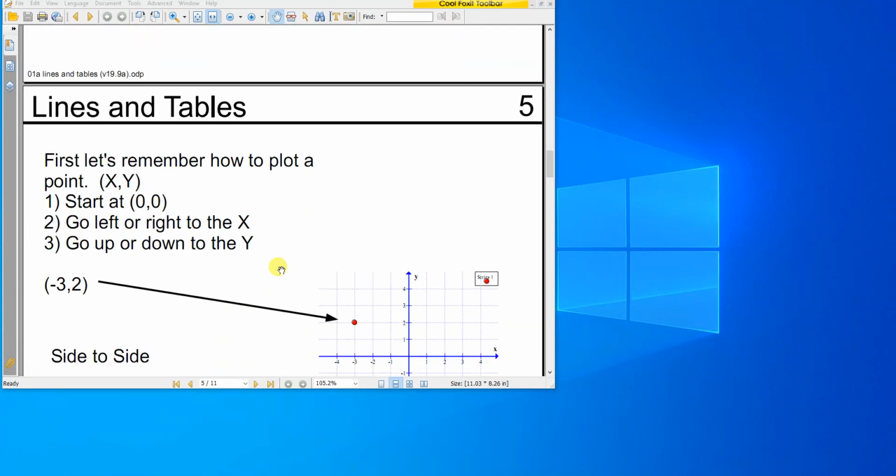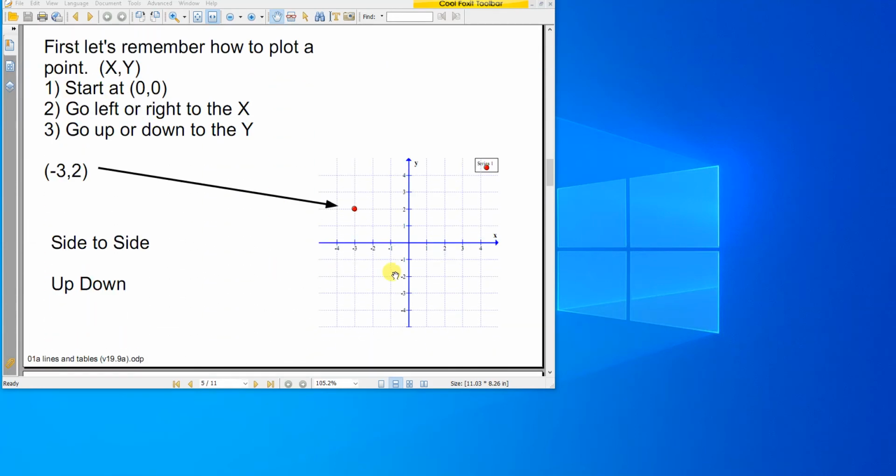Here we go. So remembering how to plot points, everything starts at 0, 0. And then I start by going left or right, and then I go up or down. So let me draw on this one, give you a quick example. I always start at 0, 0, which means I'm going to start right here.